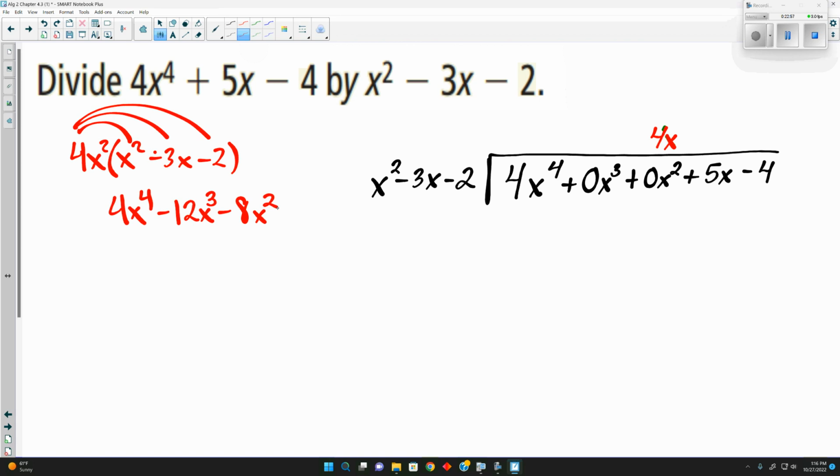And again, we'll put this underneath what we have here. So 4x to the fourth, 12x cubed, 8x squared, and then we will subtract the 2.